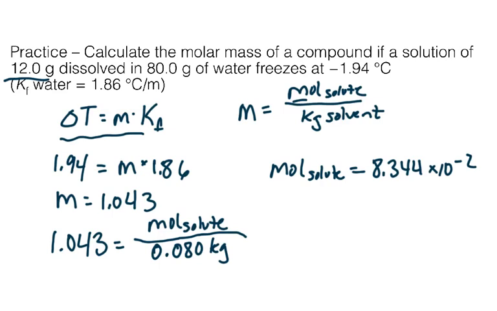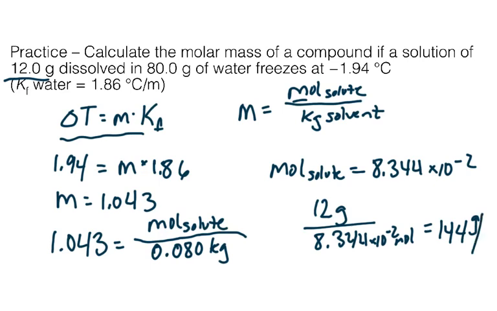And then I have 12 grams is my 8.344 times 10 to the minus 2 moles. So my molar mass, grams per mole, is 144 grams per mole.